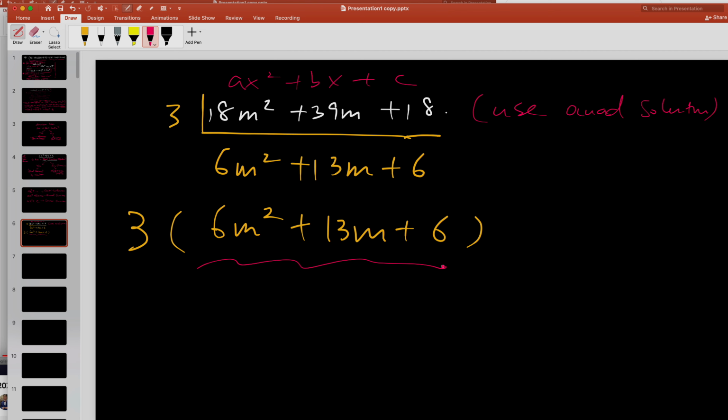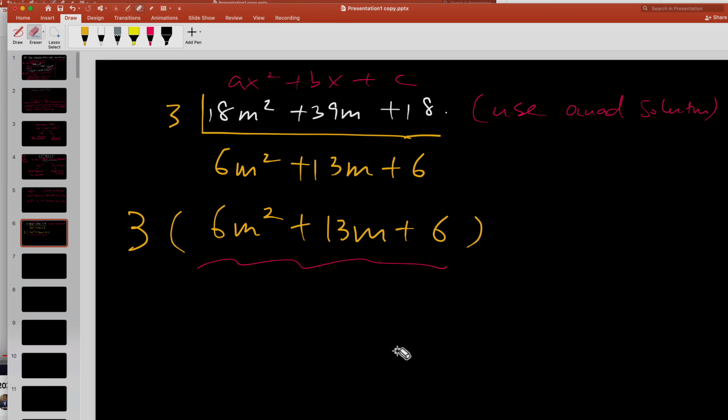You do the quadratic solution for this part, but it doesn't mean you can ignore the 3. You still need to times the 3 later on after doing this part. Can I just put 3 in front of the 2 brackets? Yeah, correct. So later you will end up with this. You put a 3 in front, yes. That means you cannot forget the 3. But never mind, let's do it step by step.